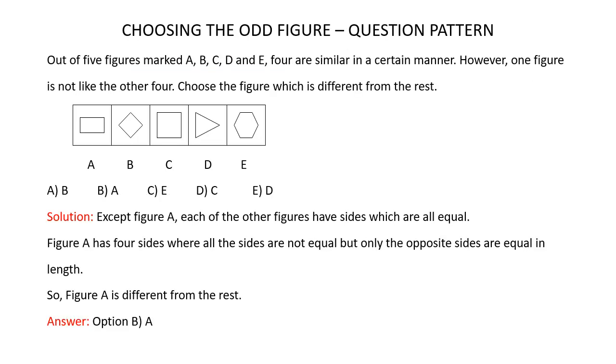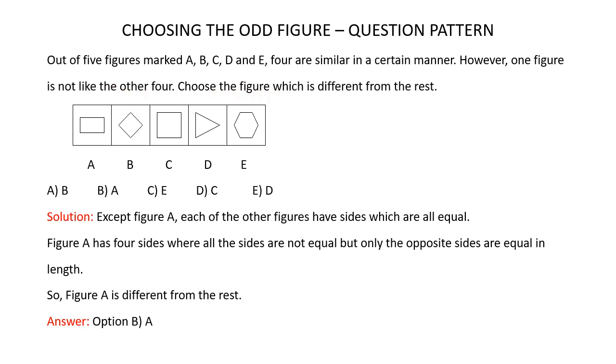This is the question pattern of type 1 questions in classification, which is choosing the odd figure. Now, out of the 5 figures marked A, B, C, D and E, 4 are similar in a certain manner. However, one figure is not like the other 4. Choose the figure which is different from the rest.